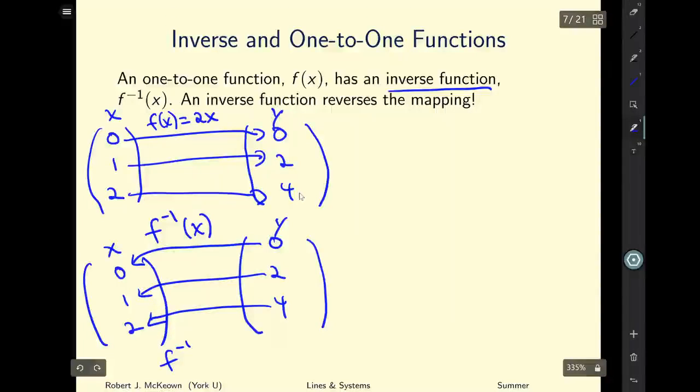And the inverse of this function is equal to 1/2 times x. So inverse functions are not very complicated in their simplest form. They're just reversing where we're moving from. Are we moving from x to get y, or are we taking y to get x?